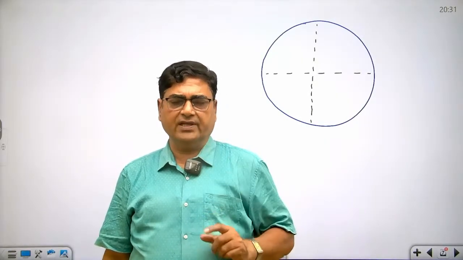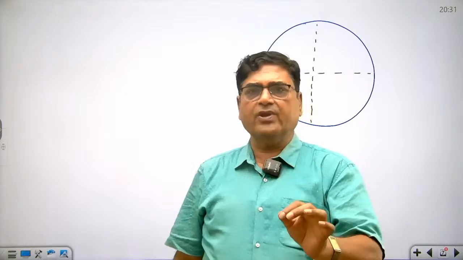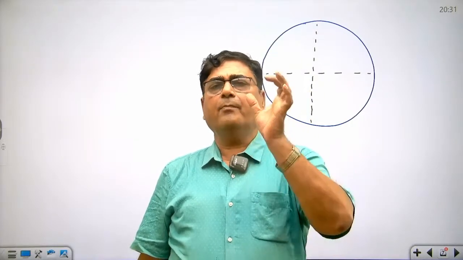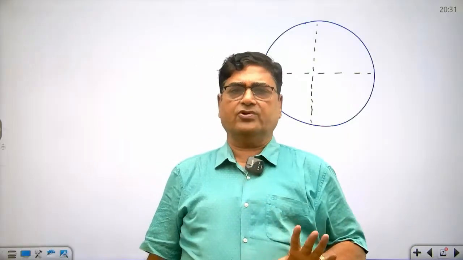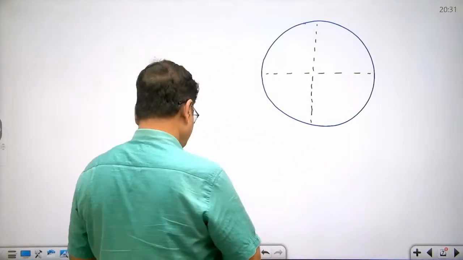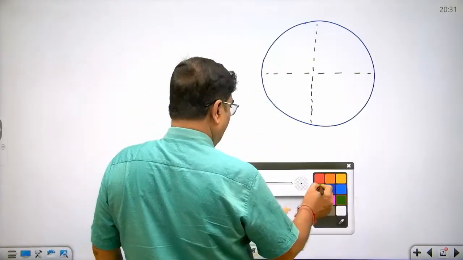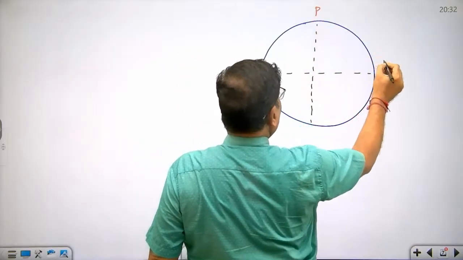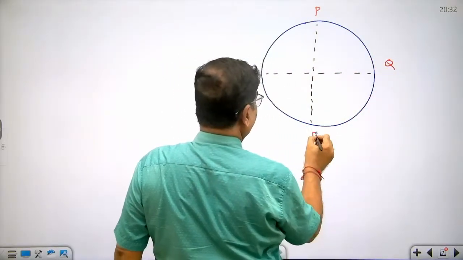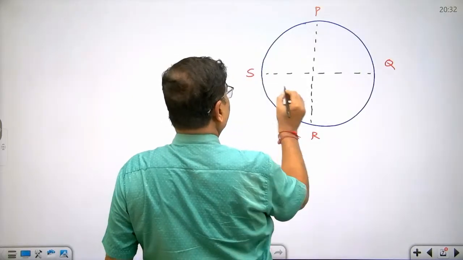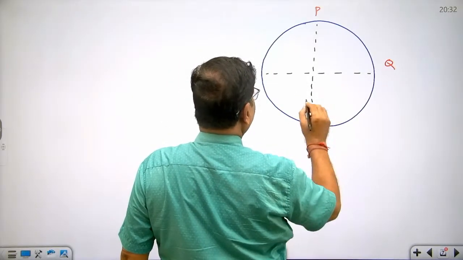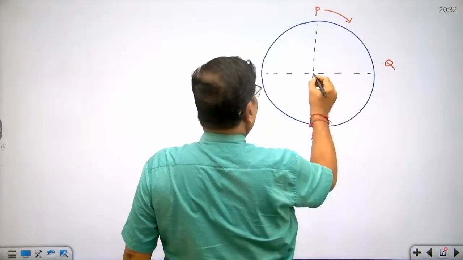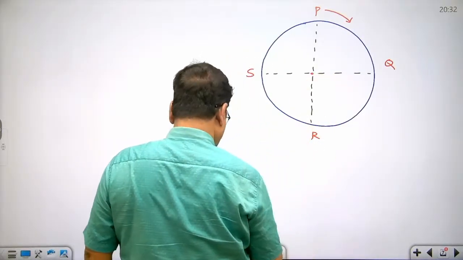Let's listen once again: a simple harmonic motion is the motion of the projection of a particle performing uniform circular motion, okay? Now let us see. If the particle starts its journey from point P, then goes P to Q, Q to R, and then R to S, and the radius of the circle is capital A, okay? And this is the position of the projection.